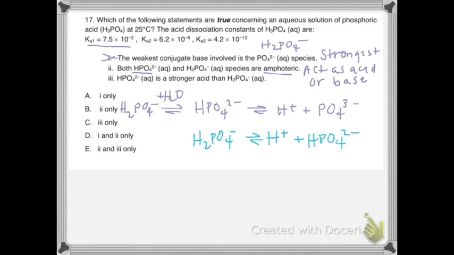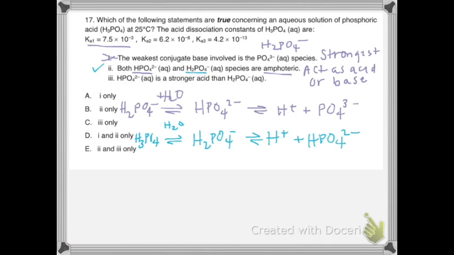Okay, so it can act as an acid. And again, if we add water, we could revert to the original H3PO4. So this is also amphoteric. So 2 checks out.